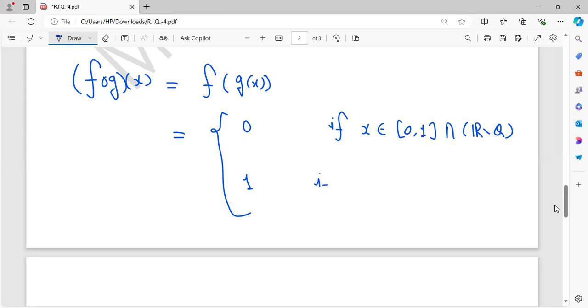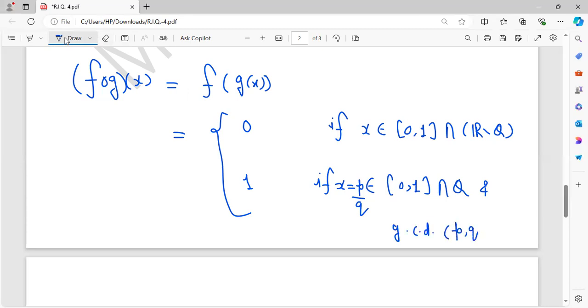So it is 1 if x belongs to the closed interval [0, 1] intersection Q, and x is equal to p upon q, and the GCD of p and q is 1.